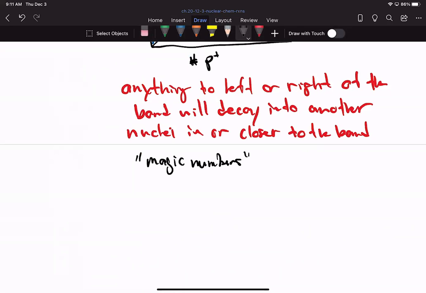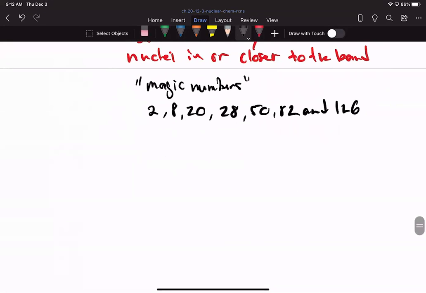So 2, 8, 20, 28, 50, 82, and 126. So these are elements with these atomic numbers. These elements will not decay into another nuclei, right? They're stable. For some reason, they won't decay, and that's why they call them the magic numbers. I don't want to put all the elements out there, but these are the atomic numbers for them.